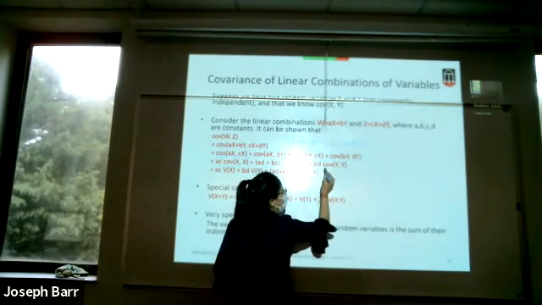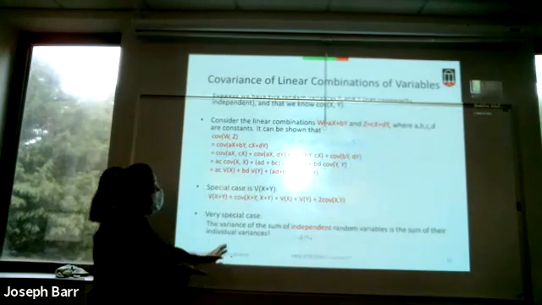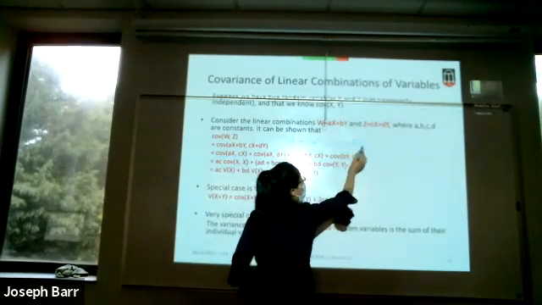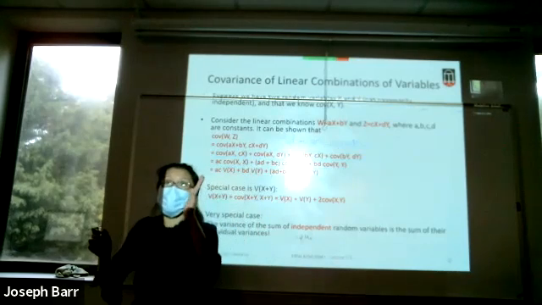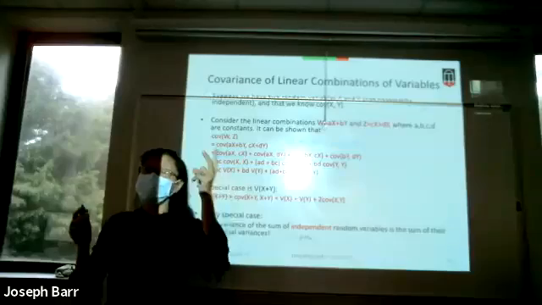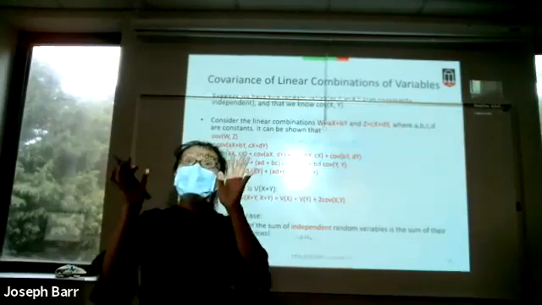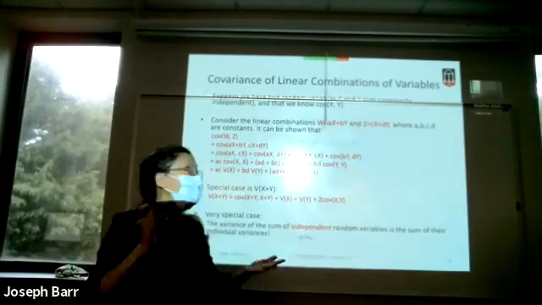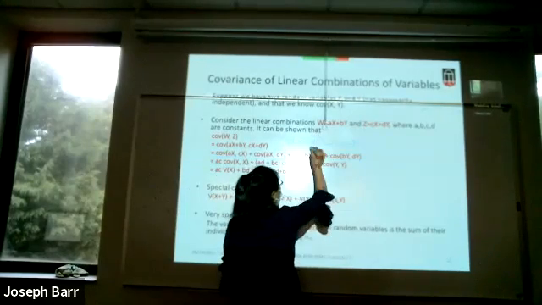B times C times covariance Y and Y. But here you have covariance between X and Y, covariance between Y and X. It's exactly the same because covariance is the association between two variables. If you change the order, it's the same. So these terms are exactly the same.